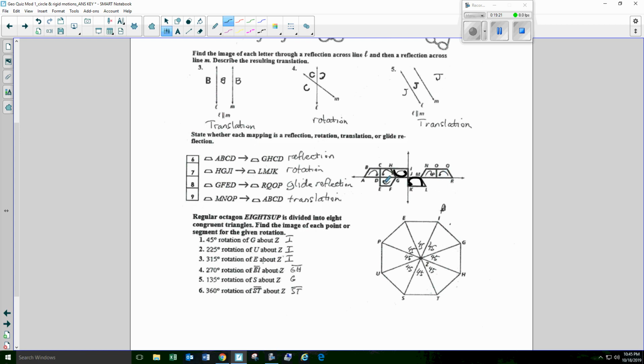So clockwise to counterclockwise, that's switched orientation. So that means it has to be either a single reflection or a glide reflection. Well, this is a glide reflection because we can see what happened here. This right here got reflected over this line, comes up right here like this, and then slid down here.